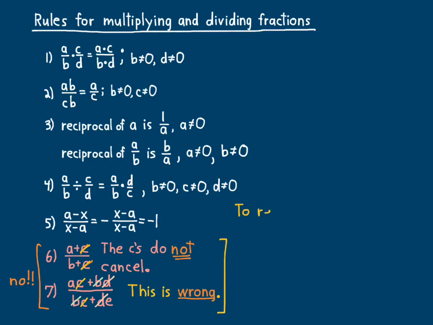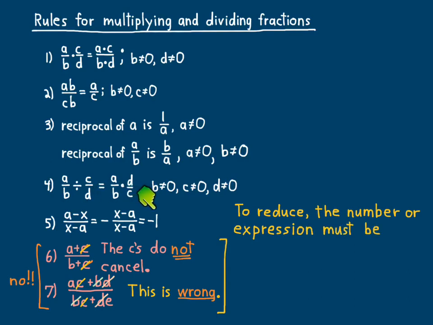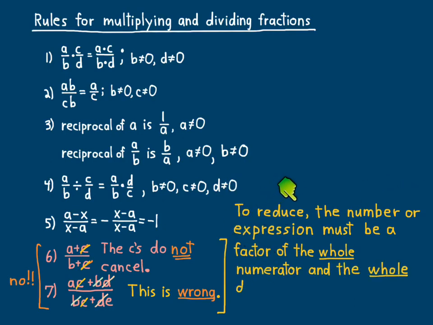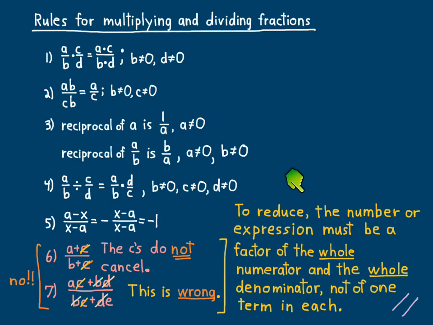Okay? I did write the negative 1 in here eventually. So I just wrote out what I just said. No harm in repeating and no harm in having this written out in your PDF for review. So to reduce, the number or expression must be a factor of the whole numerator and the whole denominator, not a factor of one term in each, which is what happened here.